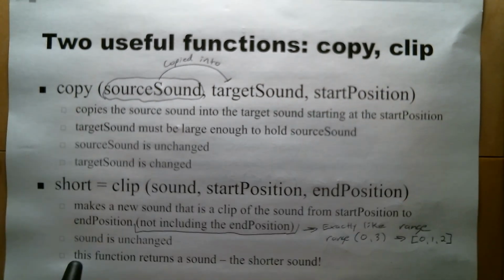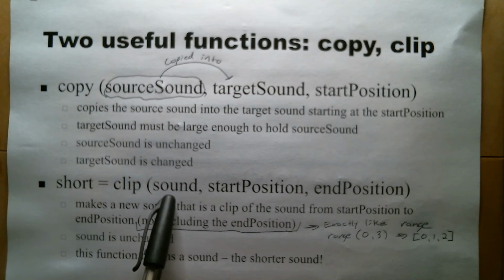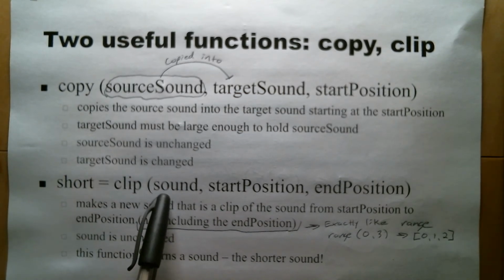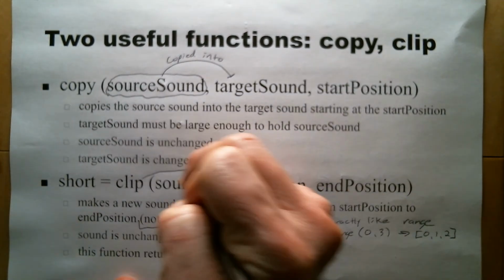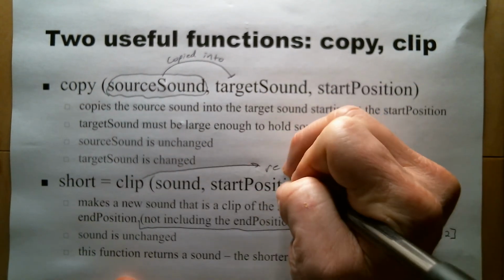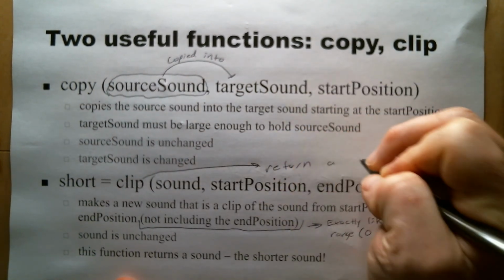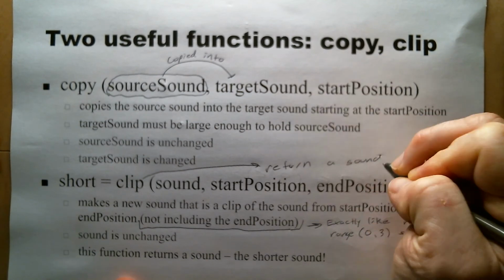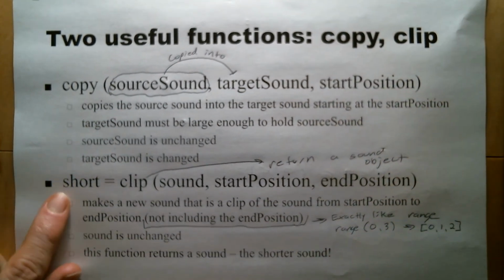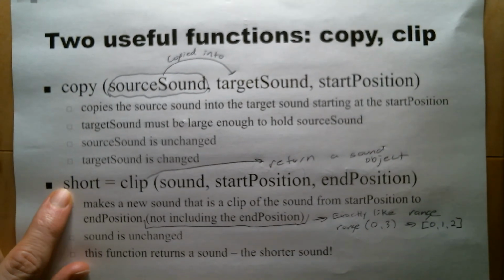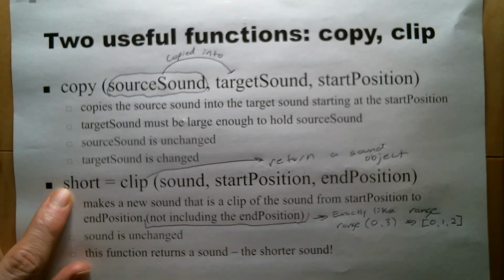Now, with this, the sound object itself is going to be unchanged. You're not actually modifying that. This function just returns a sound. So this whole thing is going to return a sound object that we're either going to feed into another function or save and give some sort of label here.